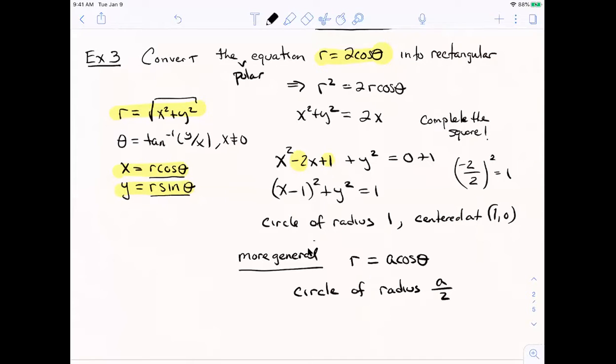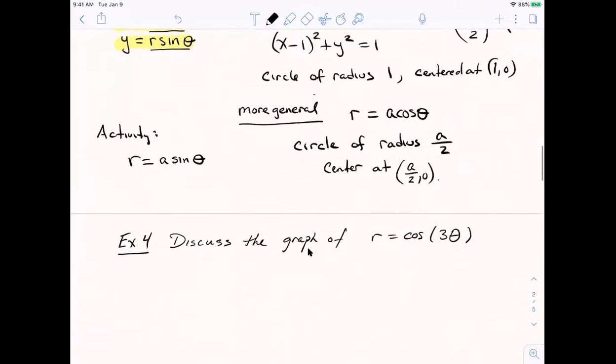It's half that number a, and its center will be at the point a over 2, 0 on the x-axis. Talk about it. In your activity, I'm going to ask you something about r equals a times the sine of theta.